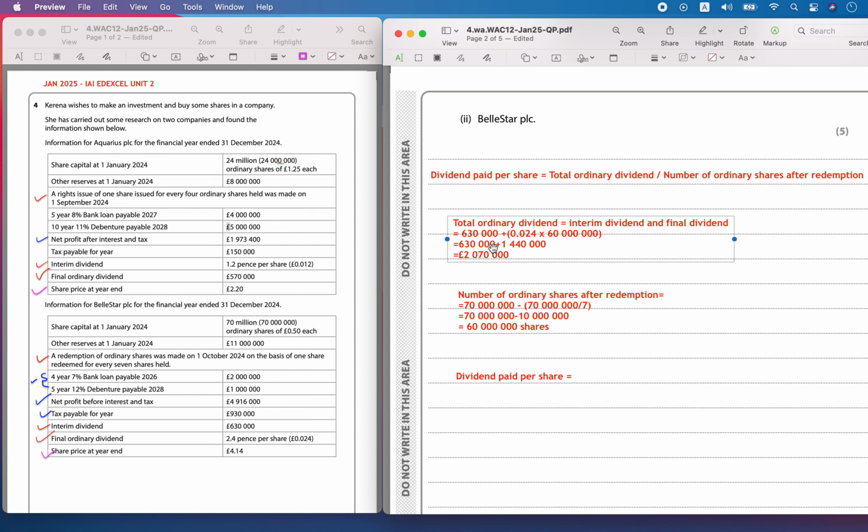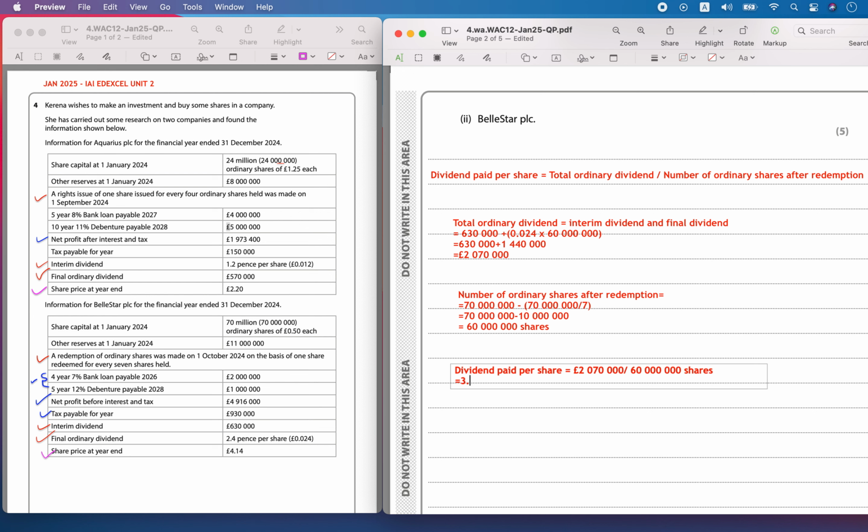Now let's calculate the dividend per share issued by this company. It is equal to the total ordinary dividend divided by the shares issued, that is 60 million shares.